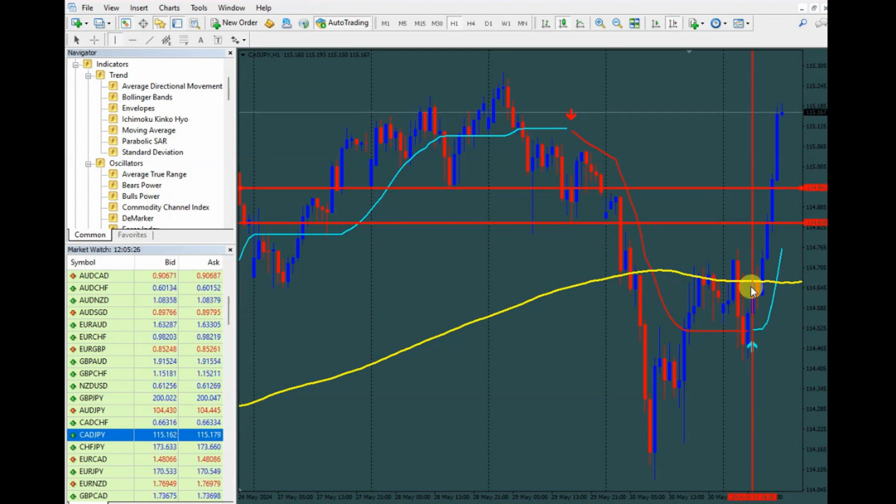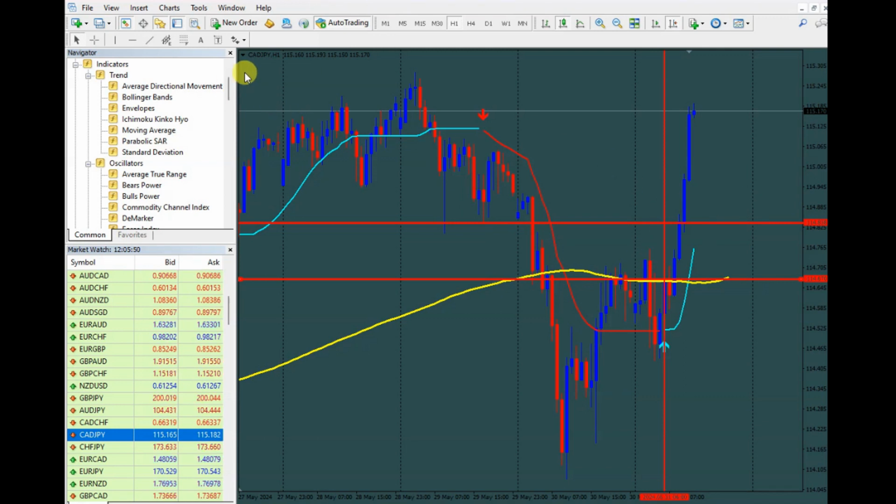Here we get a signal, and the price closed slightly above the 200-day moving average, confirming that the trend is up. And here we enter our buy trade. Okay, as you can see, our stop loss is at this swing low.